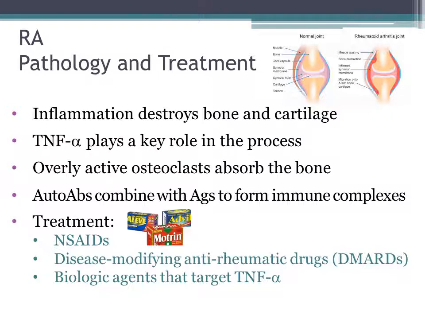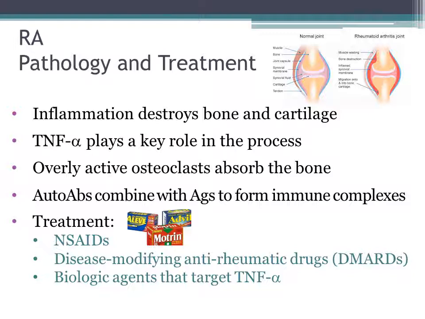In rheumatoid arthritis, the chronic inflammation destroys bone and cartilage. There's a role to be played in the process by tumor necrosis factor alpha, one of the cytokines that we talked about in the past. These people have overly active osteoclasts. You remember that the osteoclasts are the bone cells that absorb the bone.